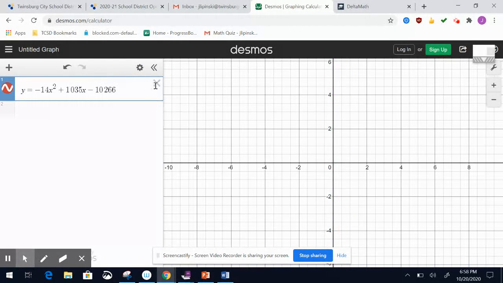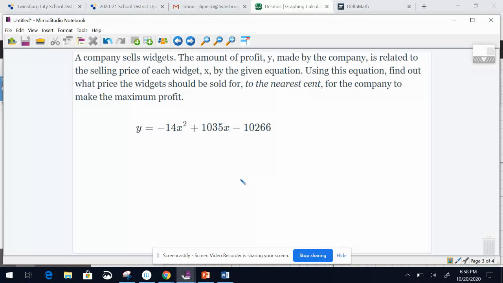So you're given a problem that looks like this. Again, make sure that I type that in correctly: 10266, and all my signs are right.